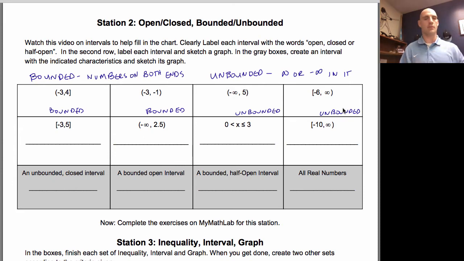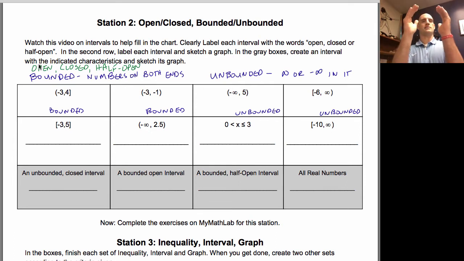there's another label that we need to put on it. A bounded interval can be open, closed, or half open. Almost wanted to say half there, not a word. Okay, so for example, this one, to be open is to have that parentheses look, okay? It doesn't include the number.